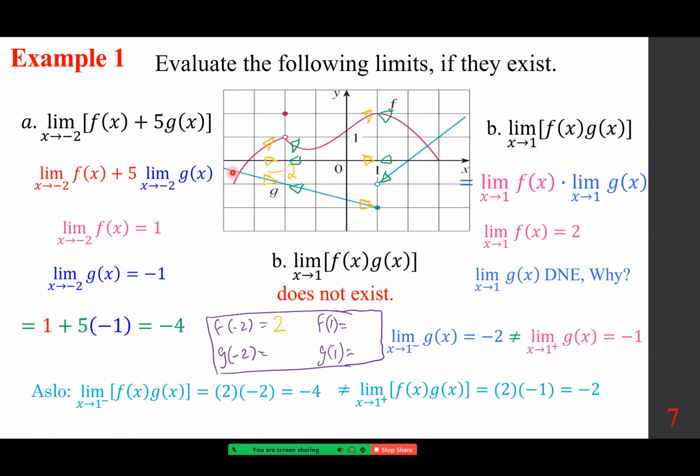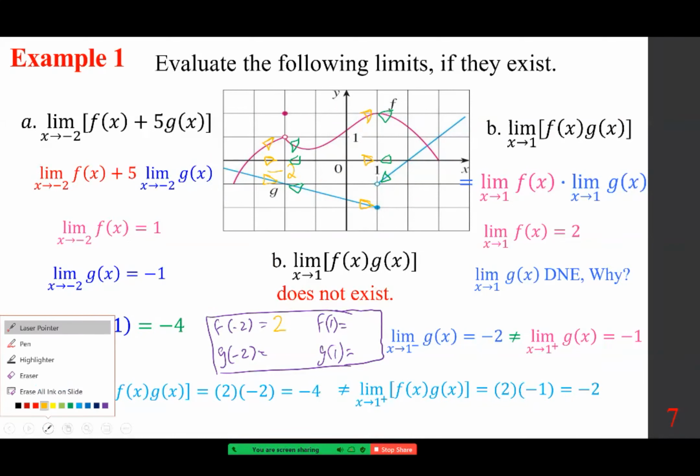For the g function, the blue graph, g of -2 is the same as its limit because there is no discontinuity, and the answer is -1.